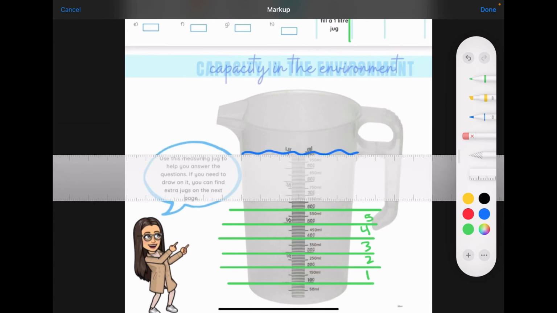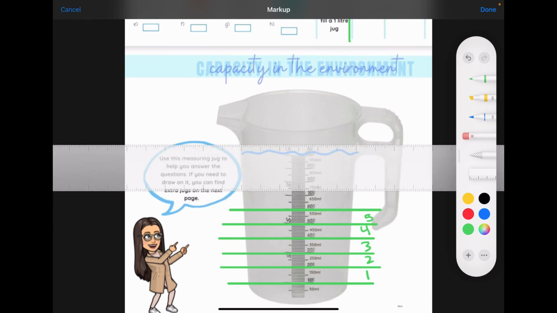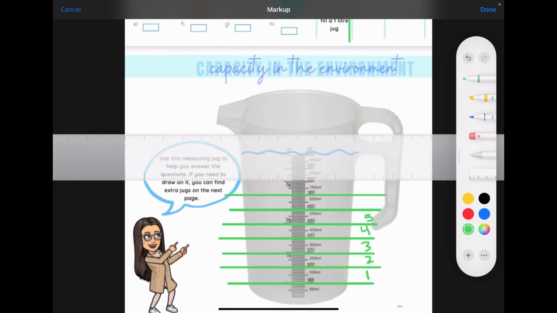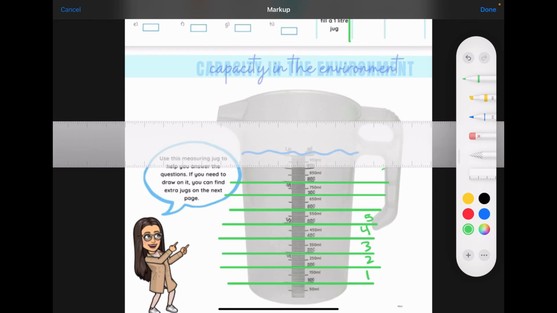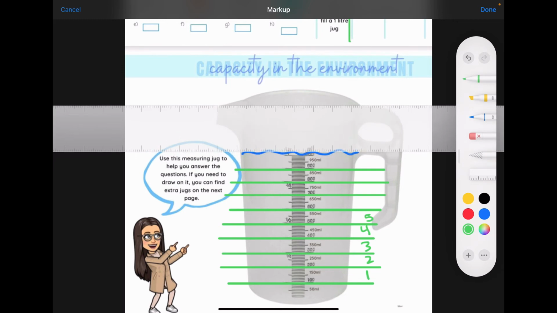So 500, 600, we're up to 700. And 800 and 900, and we can still keep going, and 1000 mils or 1 litre.